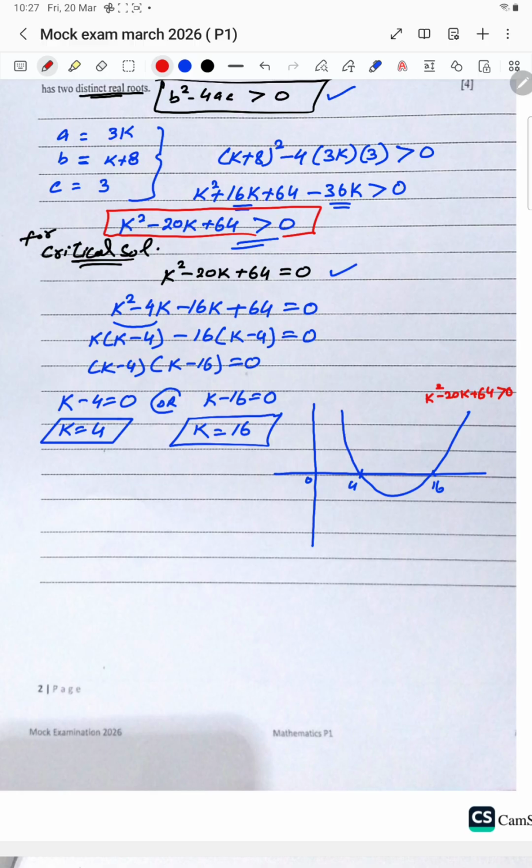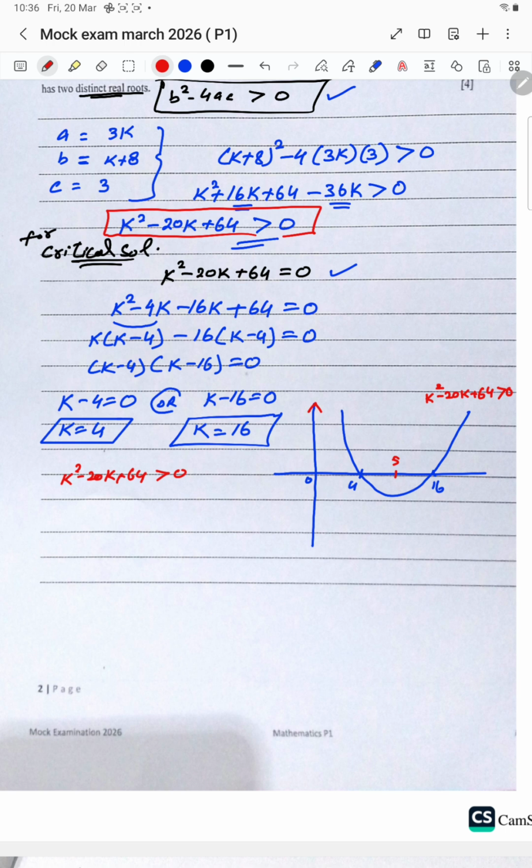Now what to do is test the regions. Before going below 4, let's take the value inside. Suppose k is 5 here: k square minus 20k plus 64 bigger than 0 at k is 5.